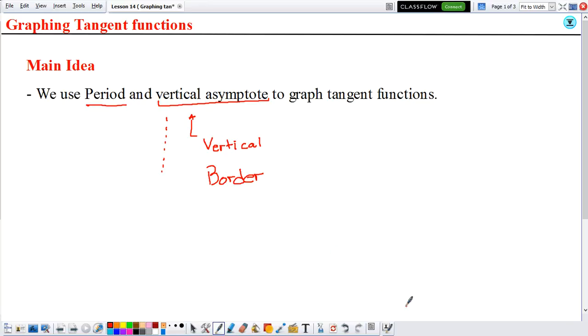So now, let's actually see how we can graph tangent functions. But just keep in mind that we're going to be using the period and something called the vertical asymptote, which you can think about as some kind of a vertical border.